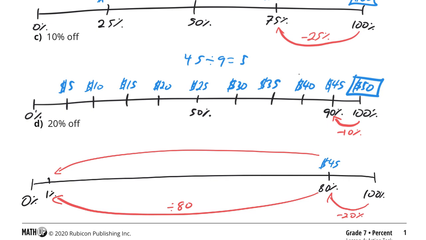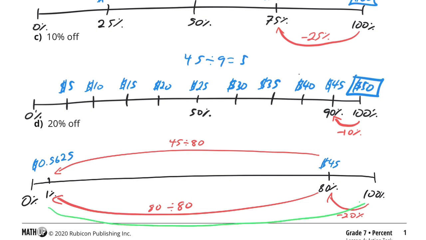So we're going to go 45 divided by 80. And on the bottom it was 80 divided by 80. So that will get to 1%, and 45 divided by 80 is 0.5625.